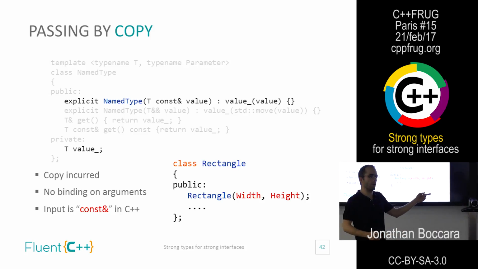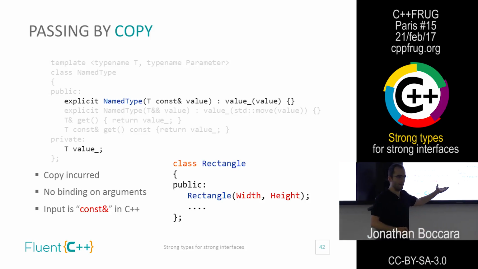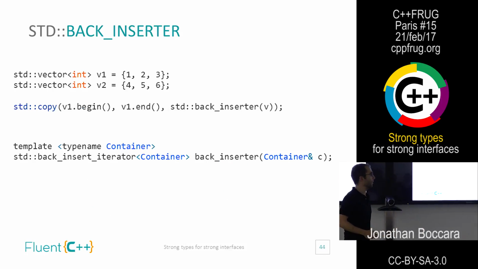Here in our example, we pass by copy, which is not looking like normal C++, right? You can pass by copy for native types like ints and doubles, but in the general case, you pass by reference to const, and you can't do that with it. We'll see more in a short while.